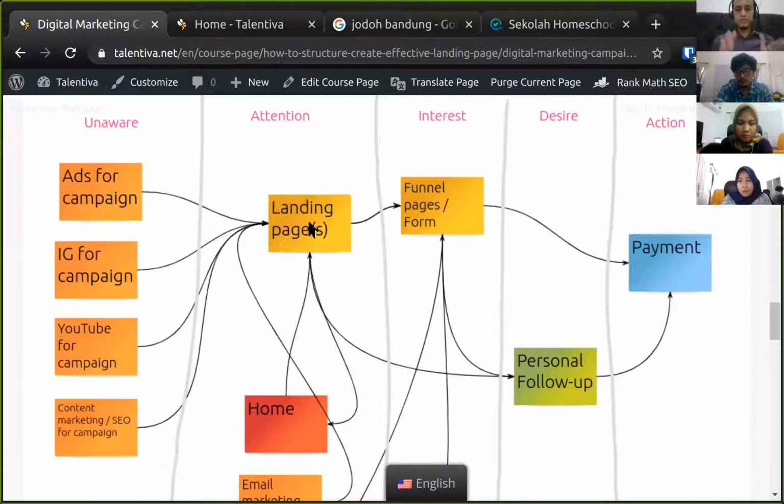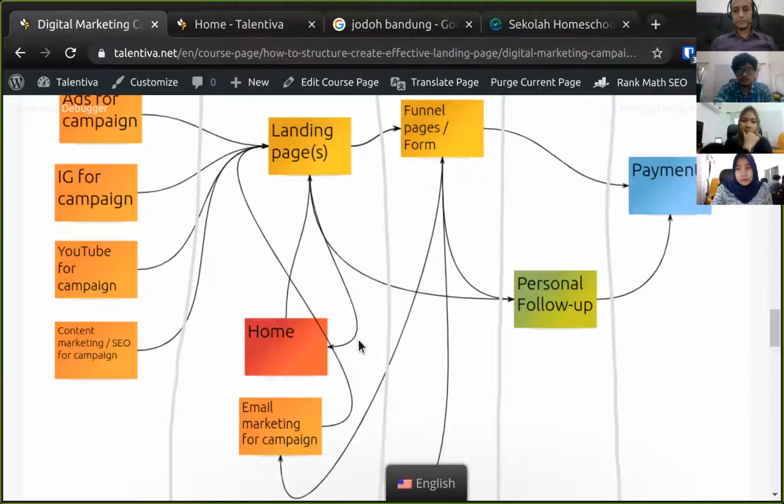If they do that, they are moving into the interest phase. So it's not just browsing a website, but, okay, I'm interested in this. So please contact me, or maybe subscribe to an email list.